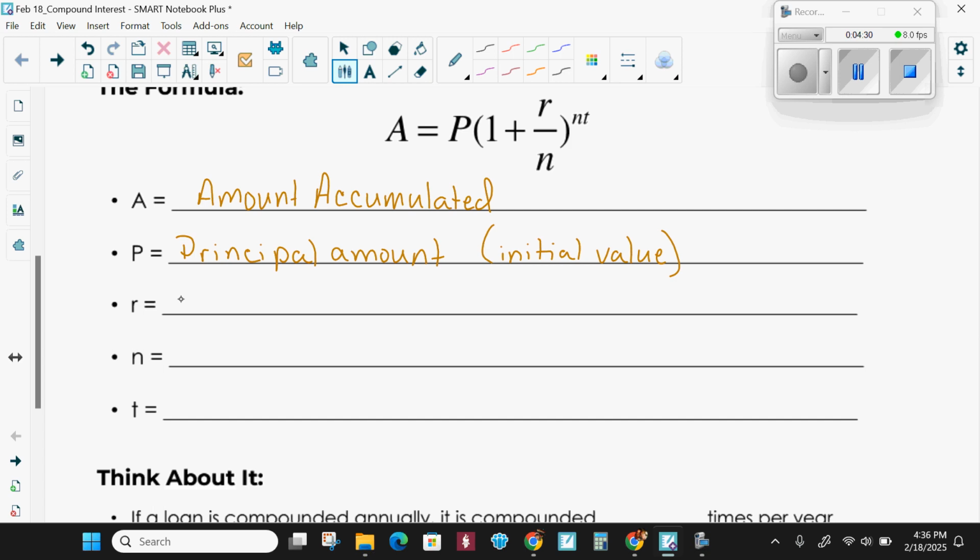And then you have your interest rate, just like we did before. And remember, that has to be written as a decimal. Now, if you've forgotten, you're going to take your percentage and divide it by 100%, which moves the decimal 2 spaces left, and that's going to give you the decimal.